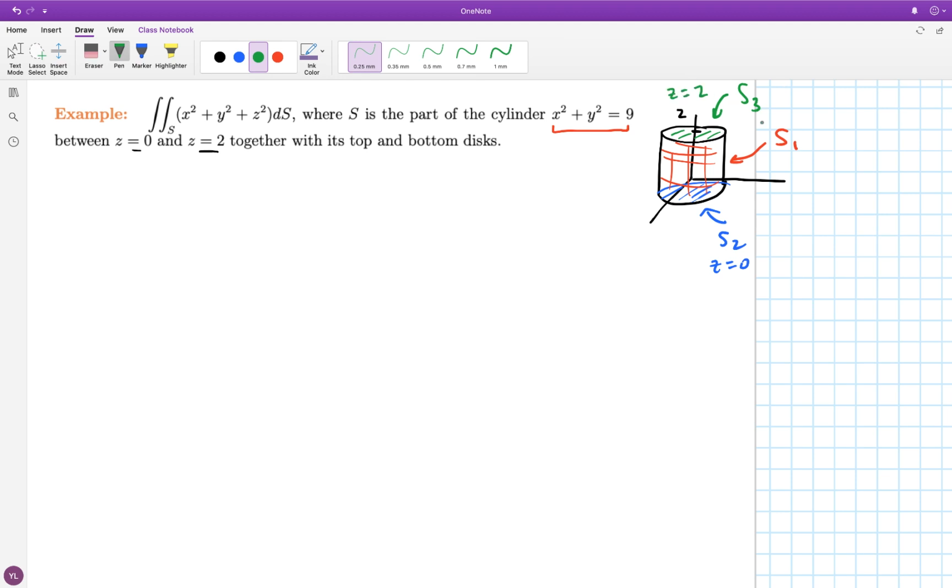That's going to be important for thinking about how to parameterize those so that I can compute the surface integral. So breaking it up, the surface integral over the entire surface is going to be the surface integral along the side plus the bottom plus the top. So I'll do those three surface integrals separately, parameterizing each piece appropriately. So to parameterize the cylinder S1, again, like in the last section, think about how you would do that.